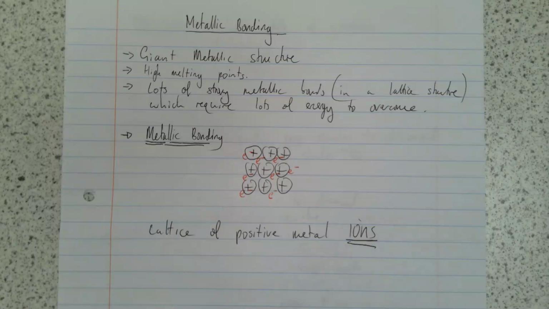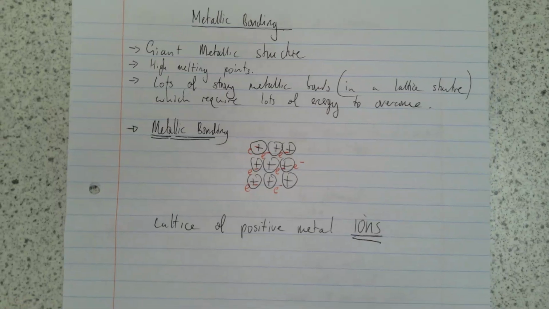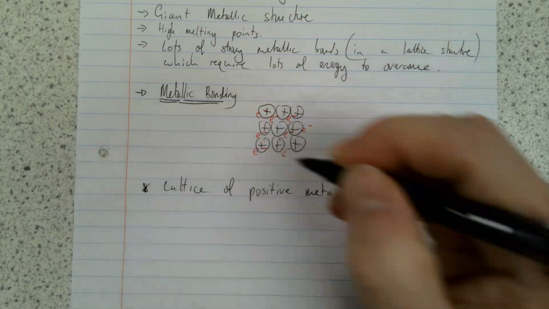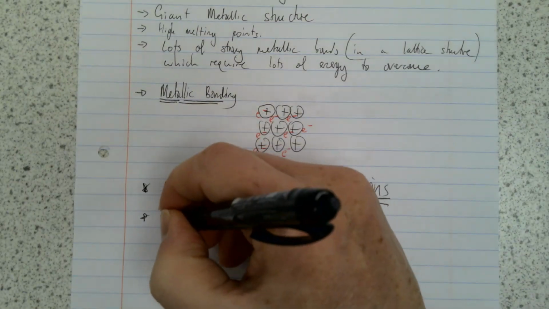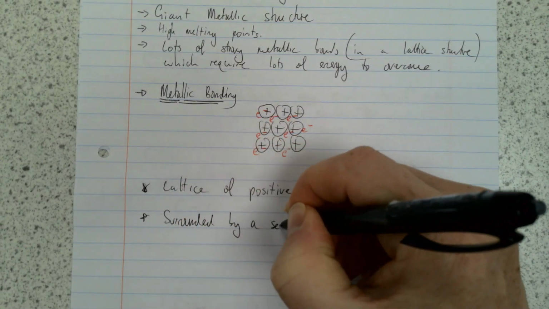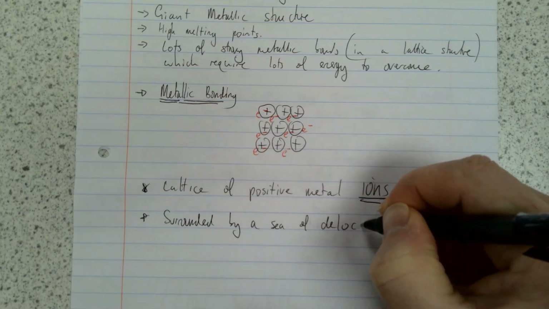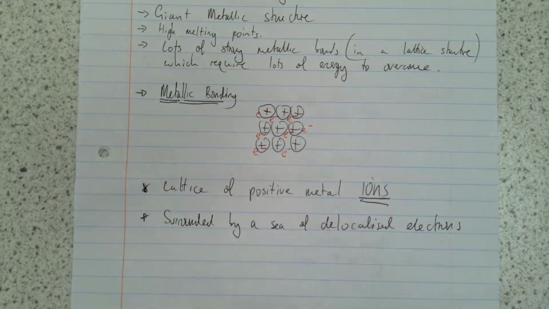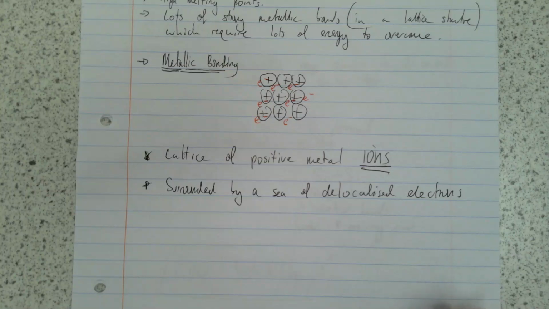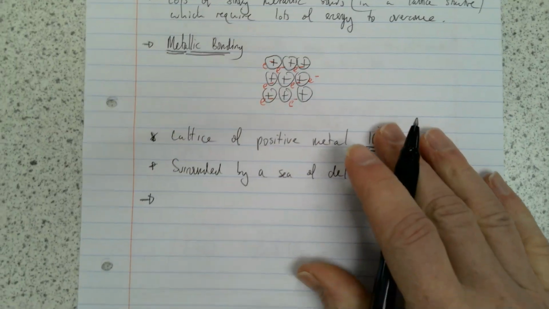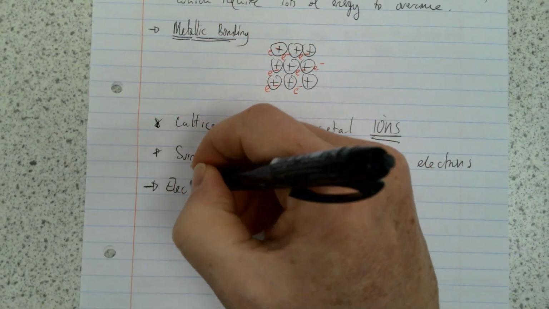In other words, the one that's in the outer shell is delocalized and not fixed in place, and therefore contributes to the thermal and electrical conductivity. And so surrounded by a sea of delocalized electrons, and that leads to electrical conductivity.